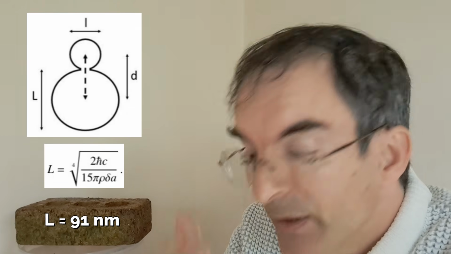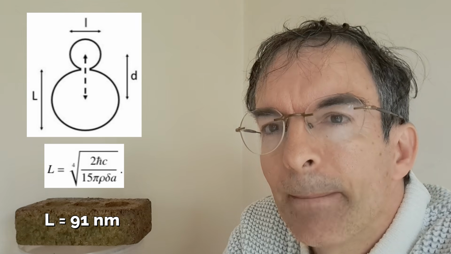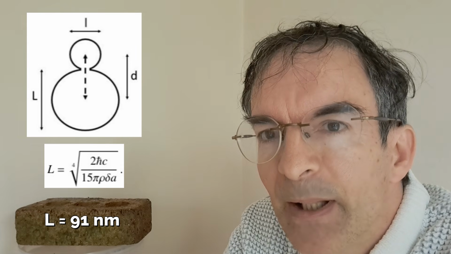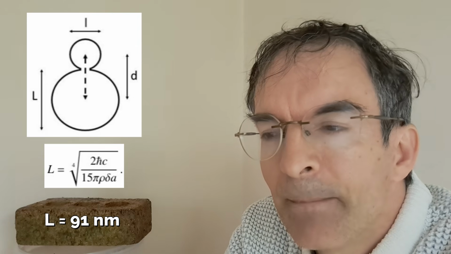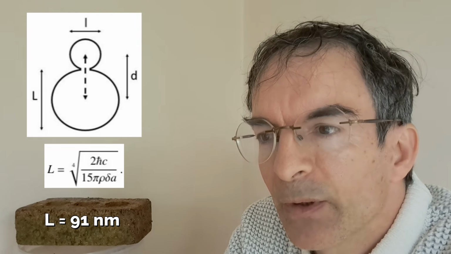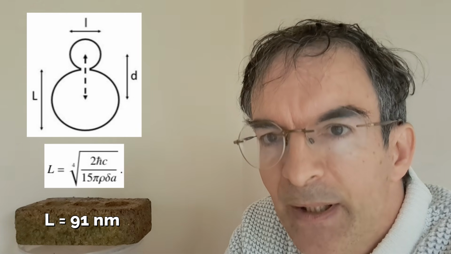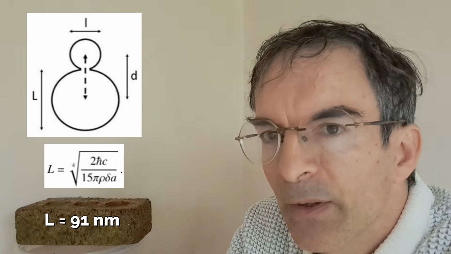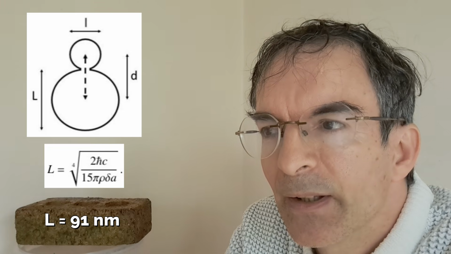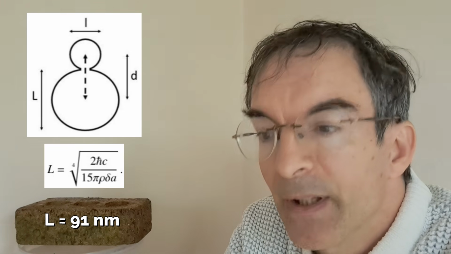So this means that if you want to make something levitate based on the 0-point field in quantized inertia, you have to shrink this gingerbread man down to the scale of 91 nanometers. So that is specifically the width of the larger sphere.